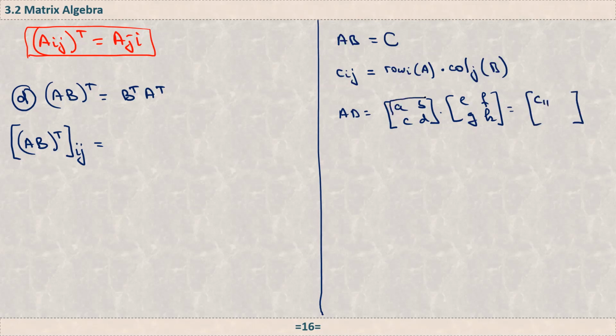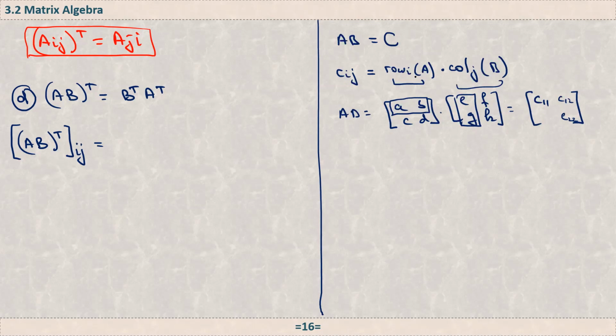We should multiply the first row by the first column, that is row 1 by column 1. That gives us C11. If I want to get this element, that means I should multiply the second row by the second column. How about this one? The first row by the second column. In general, that's the definition of the product of two matrices.